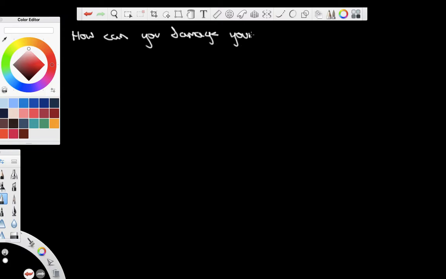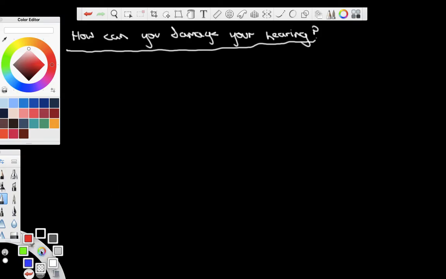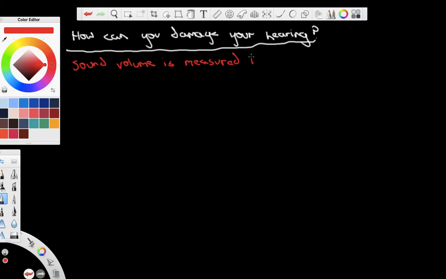Question mark, and we can underline that. Now, sound is measured in decibels. So sound volume is measured in decibels.